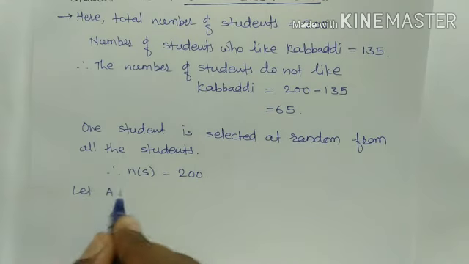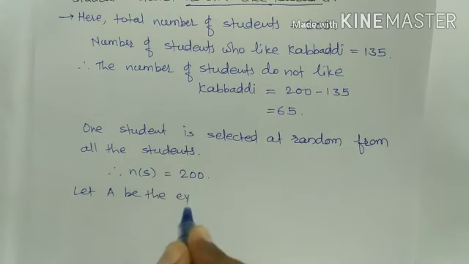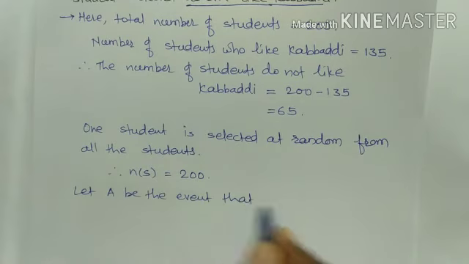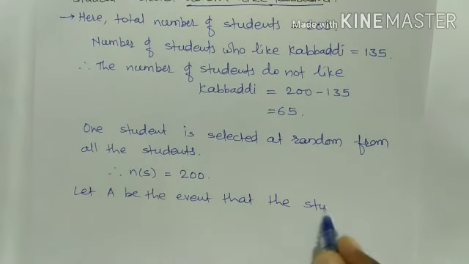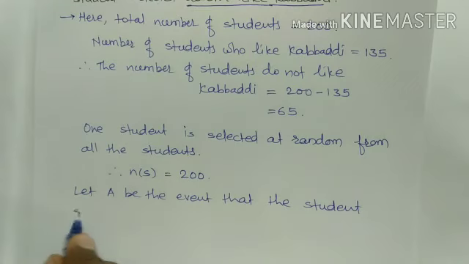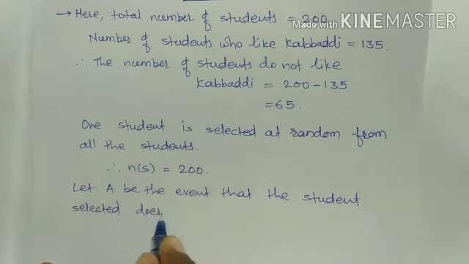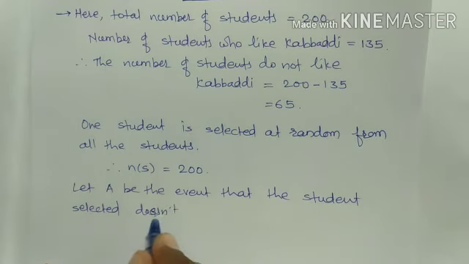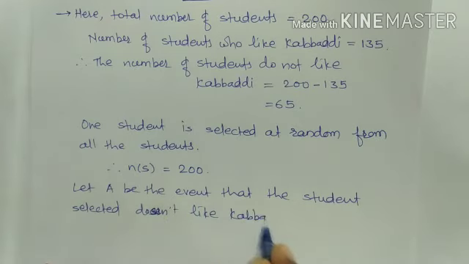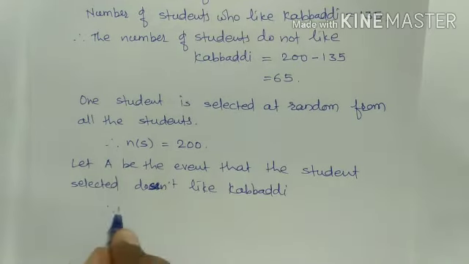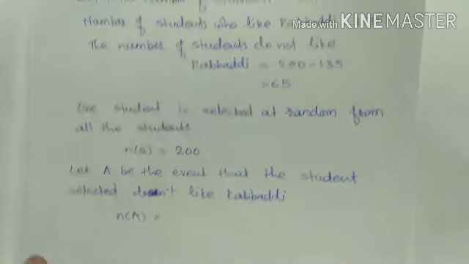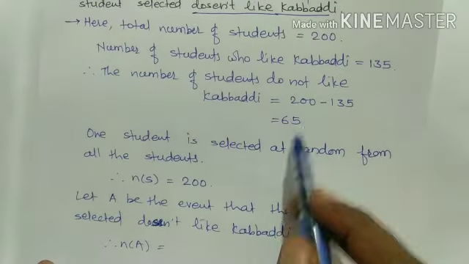Let A be the event that the student selected doesn't like kabaddi, and therefore number of A equals, here we find the number of students who do not like kabaddi, 65.